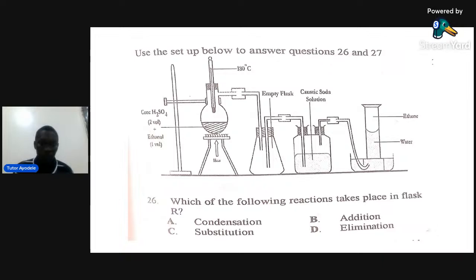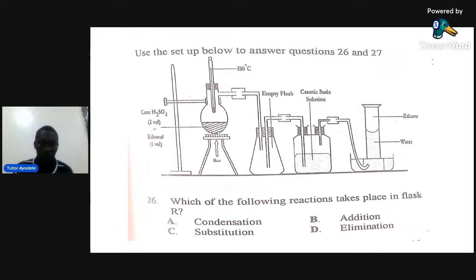So I said, now you can see at your left hand side there, we have ethanol. We want to produce ethene from ethanol. You know the formula of ethanol is C2H5OH. So how will I produce ethene from C2H5OH? First of all, we want to remove that oxygen, because ethene is purely carbon and hydrogen, no oxygen.